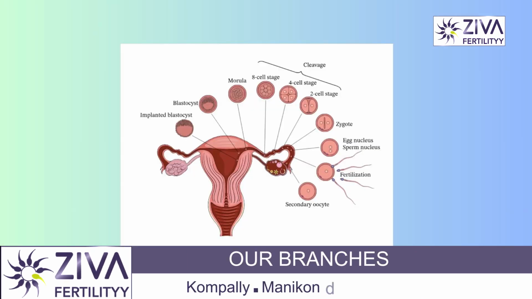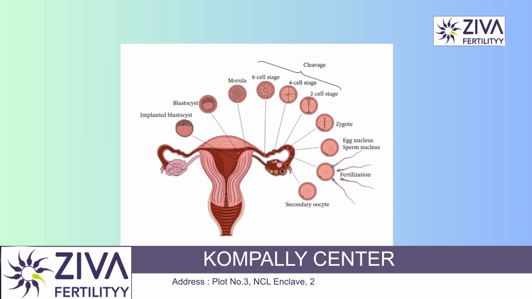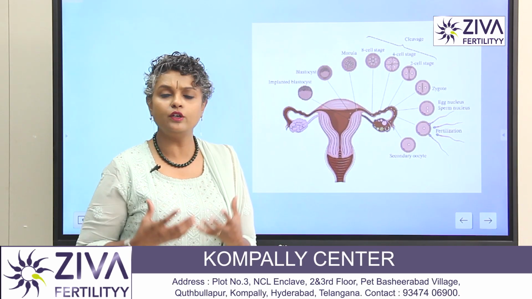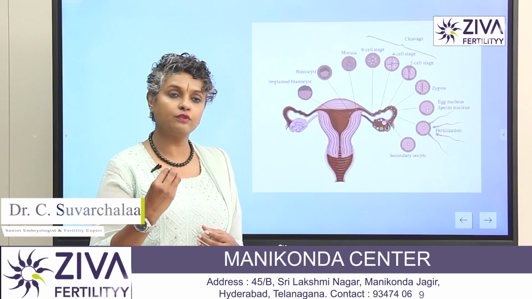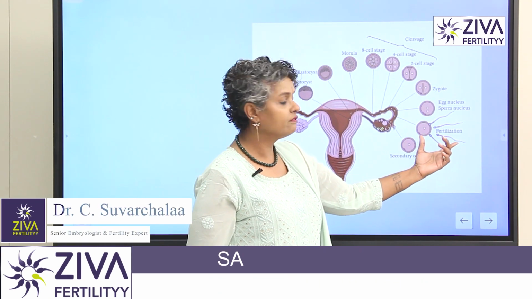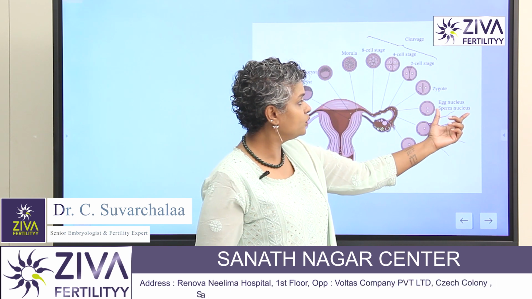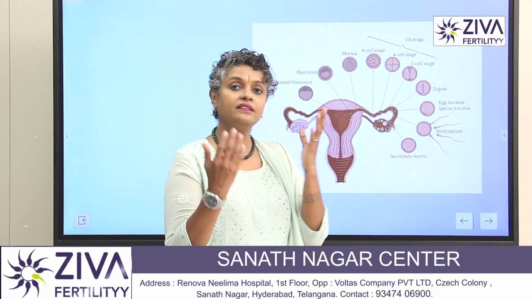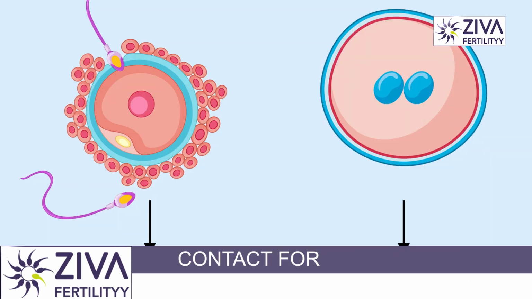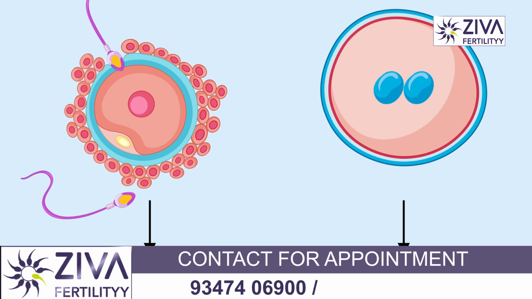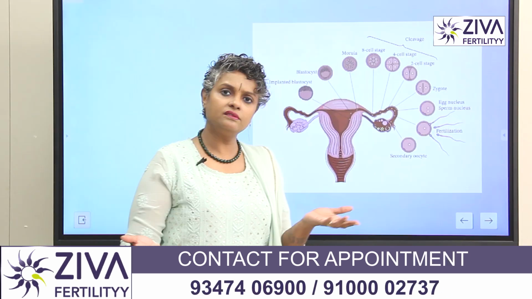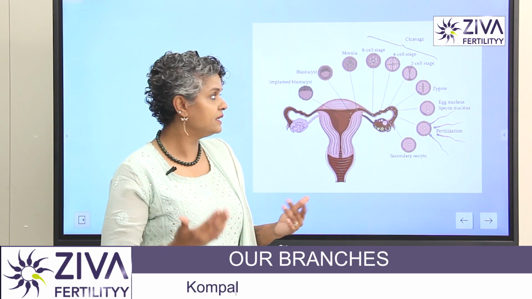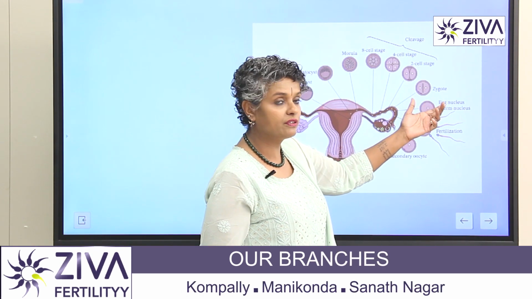So let's look at the stages of development of the egg. When the egg is released, it's called a dominant egg, which is most conducive for fertilization, which is when fertilization occurs, and then the egg nucleus and the sperm nucleus, like I said, are released from the egg and the sperm, and an individual is formed. Next is the zygote, which is the formation of cells inside the egg itself after fertilization.